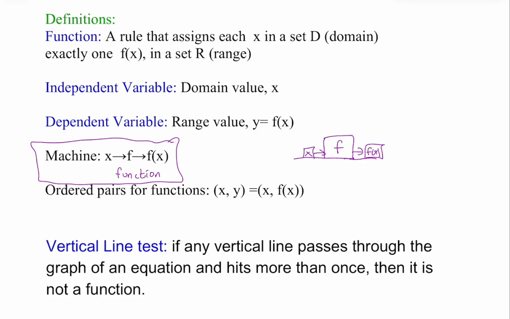So if you have the graph of something, that's the easiest way to tell if it's a function or not. If you can explicitly solve the function for y, and then you don't have any pluses or minuses, like a plus or minus square root, it is a function. But the vertical line test is the most precise way to tell whether or not something is a function from the graph.